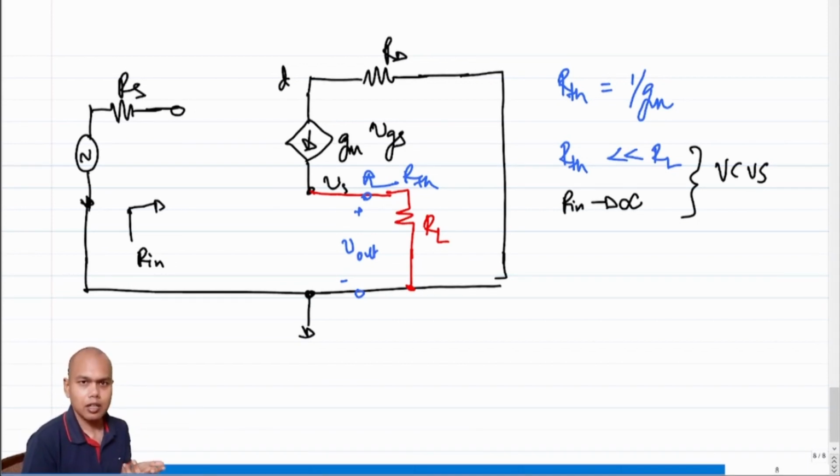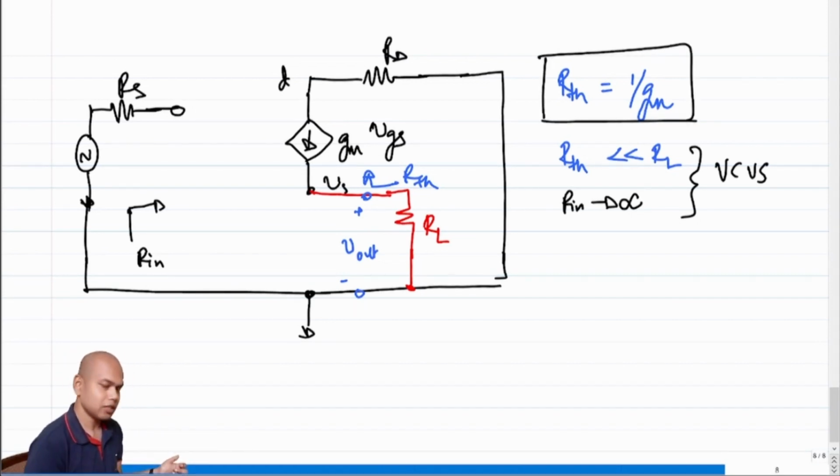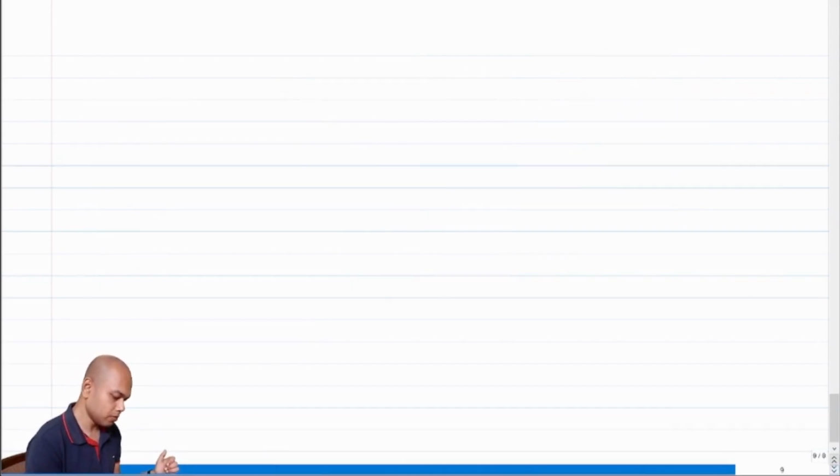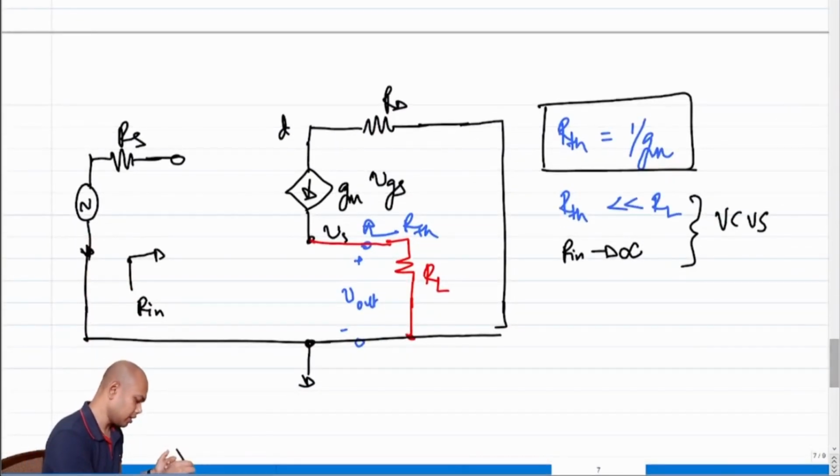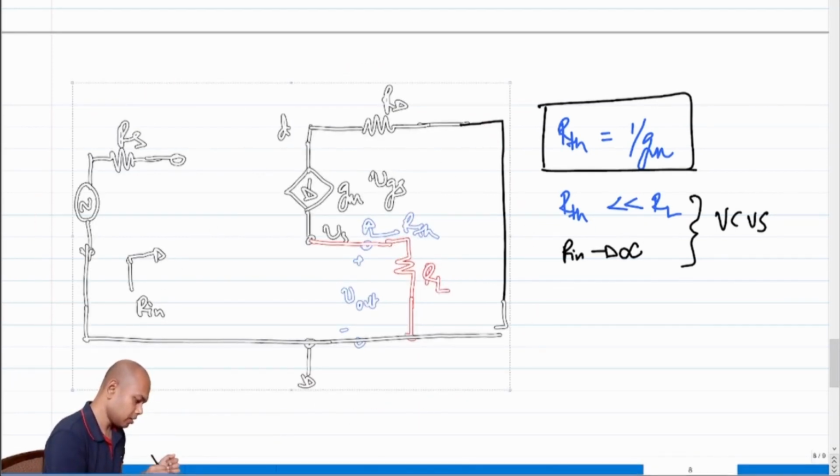The output impedance. You already know the output impedance. So what is the short circuit current? To find the short circuit current, what should we do? Let me sketch.